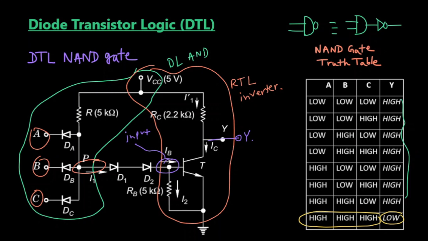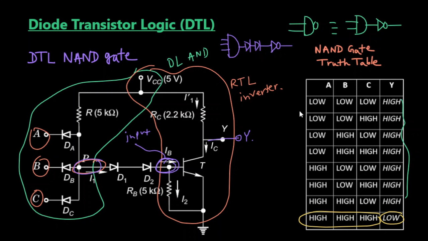The output of the DL AND gate is connected to the input of the RTL inverter using two back-to-back connected diodes, like in this diagram.